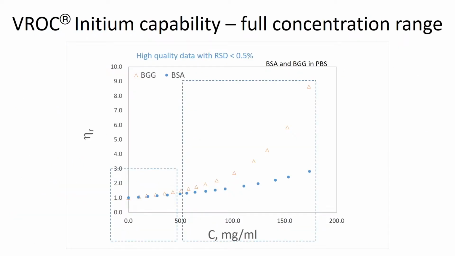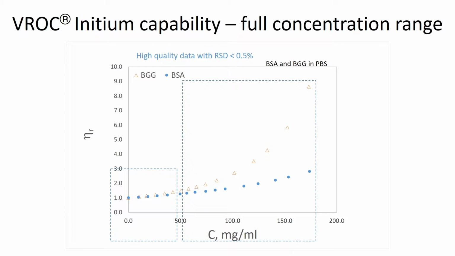Okay. So the initium certainly has the capability to do viscosity measurements for the full range of concentration. What we're looking at here is the relative viscosity, your solution viscosity relative to the solvent, versus the concentration of your macromolecules. We can see a very clear distinction at the higher concentration levels in the therapeutic regime, and we can certainly measure the entire concentration regime.